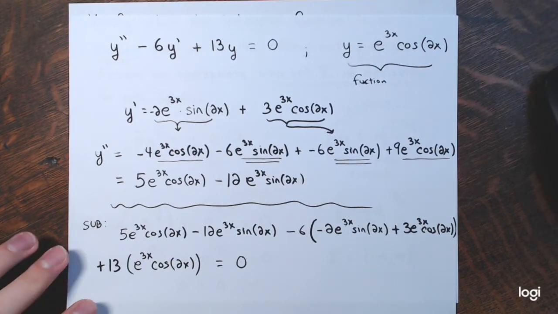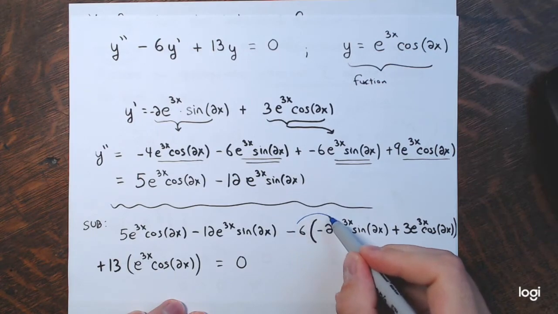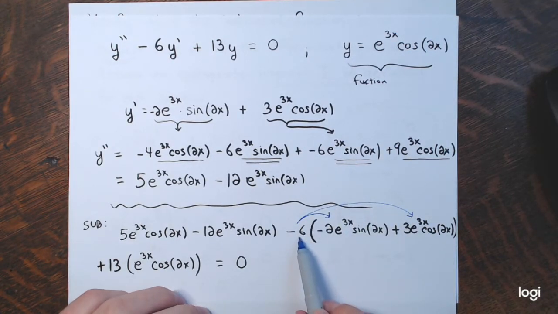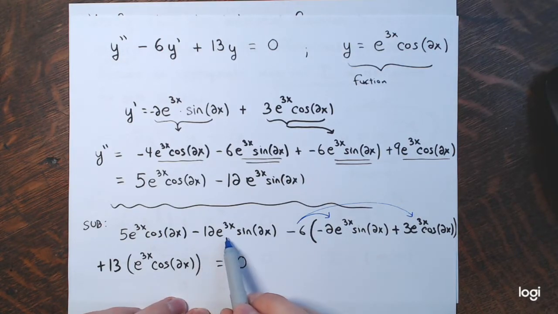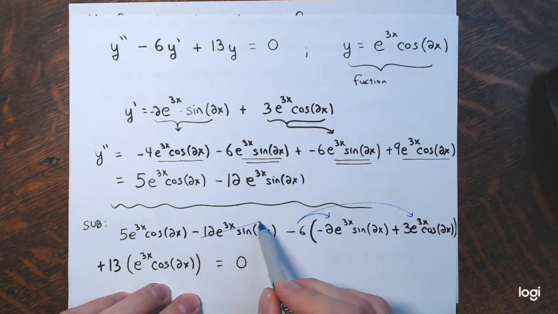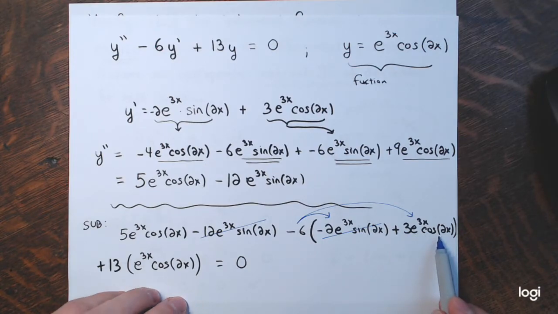Right. Well, let's see. Let's kind of eyeball it here. I distribute the negative 6 to these two terms. And that'll give me positive 12 e to the 3x sine of 2x. Well, over here there's negative 12 e to the 3x sine of 2x. So this will go away when the negative 6 is distributed here. Then negative 6 times 3, and that's negative 18 e to the 3x cosine 2x.